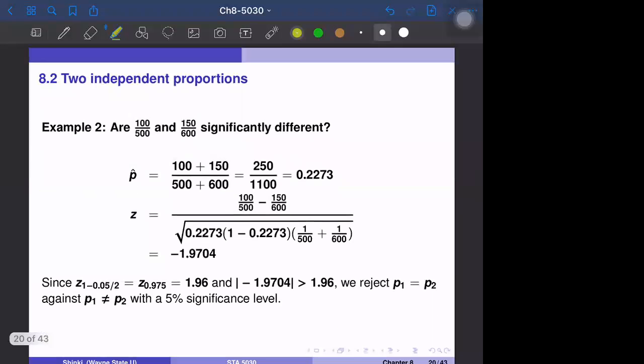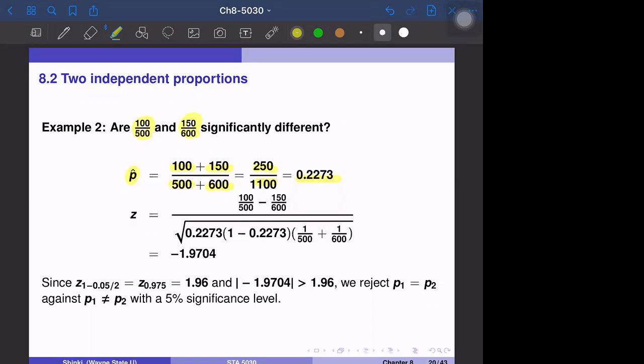And here is an example, just a concrete example. The two proportions are 100 over 500 and 150 over 600. The p hat is the overall proportion: 500 plus 600 in the denominator, and 100 and 150 in the numerator. That is 22.73%, so that is p hat.